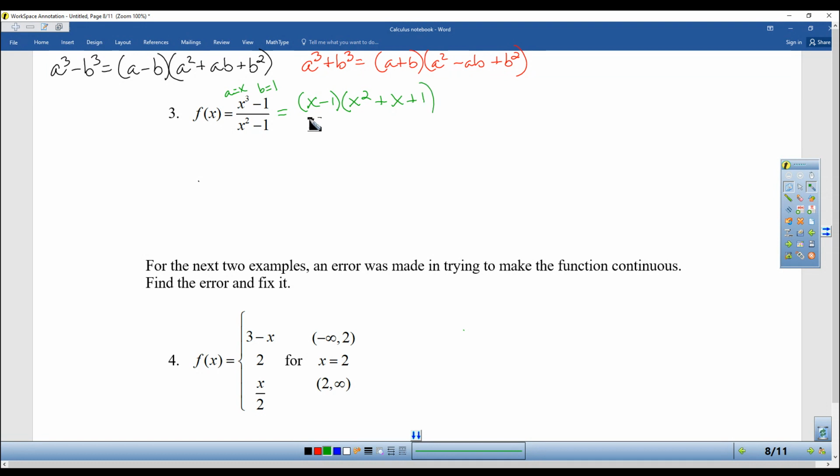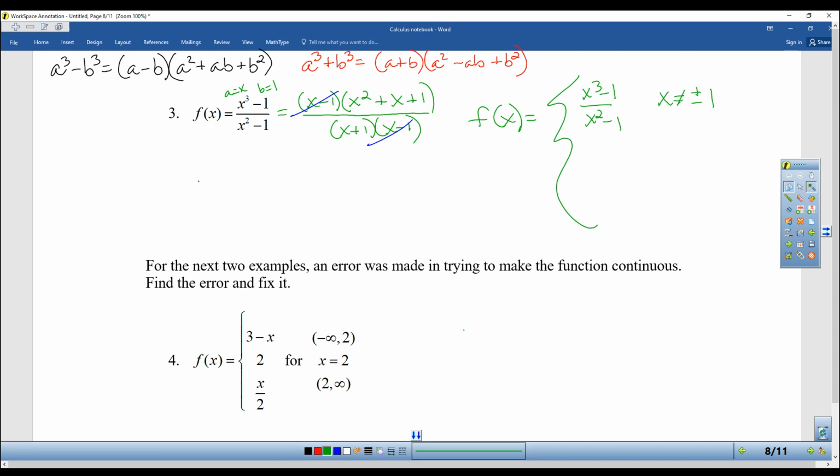Remember, B is not negative 1. Hopefully you can factor the bottom, no problem. Now I can cancel. And now I can write an extended function. The extended function can remove part of the discontinuity, but not all of the discontinuity. X cannot be equal to plus or minus 1.